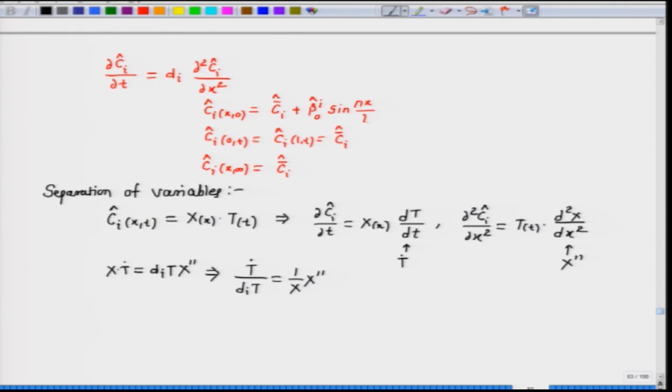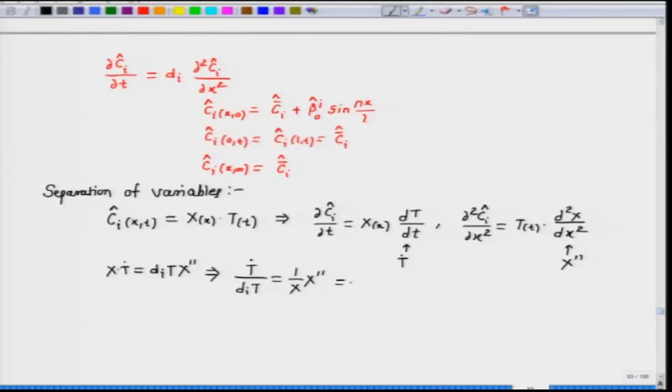Now, this is interesting, because the left hand side of this equation is a function only of t, and the right side is a function only of x. So the left hand side and right hand side are basically independent of each other. So this equality will be valid only when both sides equal a constant. Let us call that constant minus lambda square.